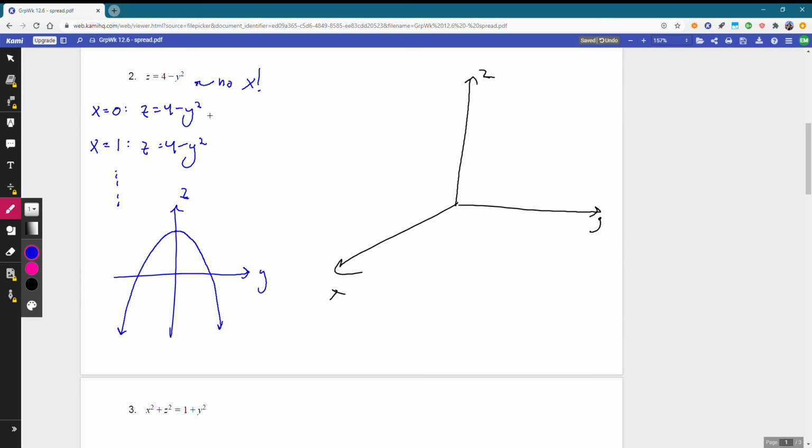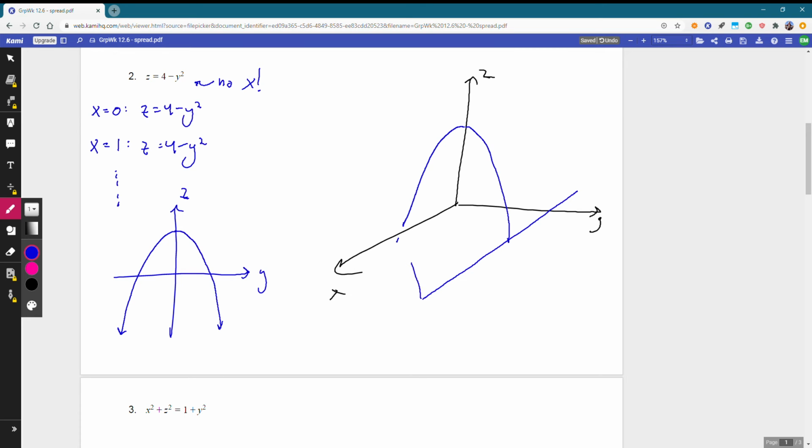All right, so the YZ plane, our parabola looks like this. And we're going to take this parabola and we're going to extend it in the x direction positively and in the x direction negatively.